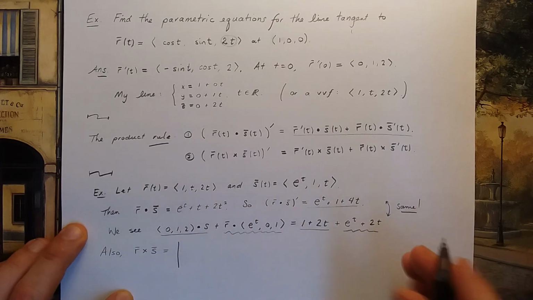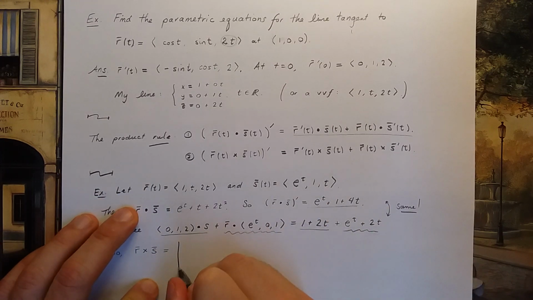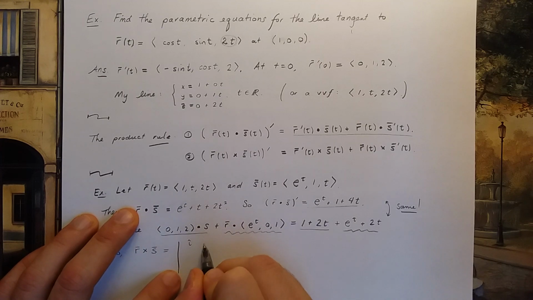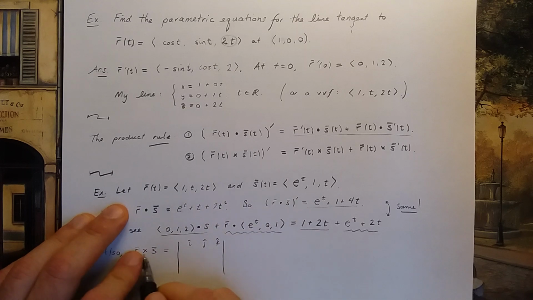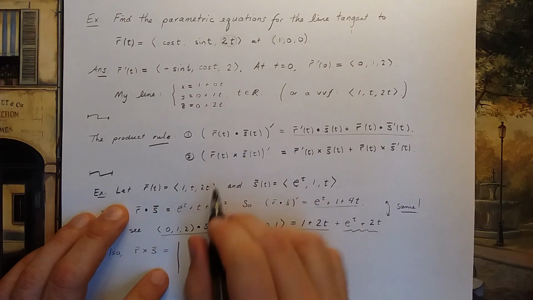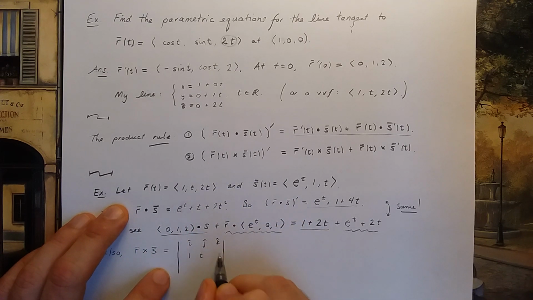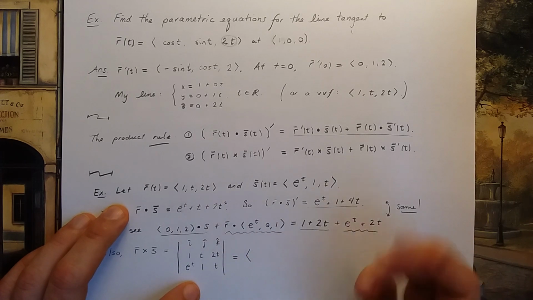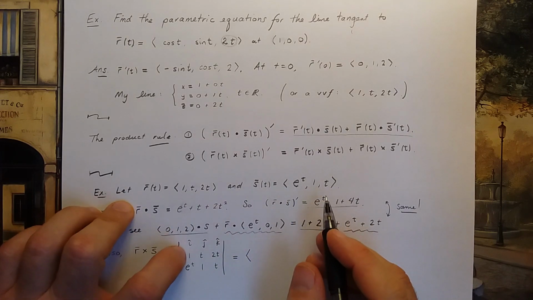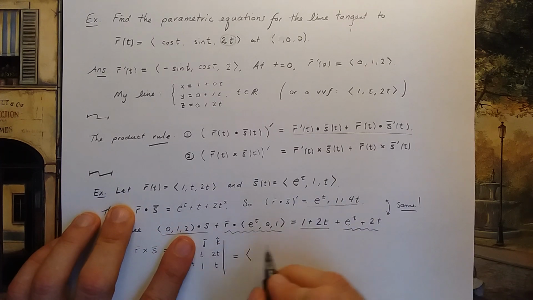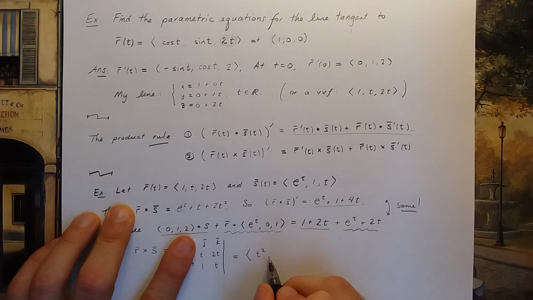Well, to do the cross product calculation, you form this 3 by 3 array. You put i, j, k up here. The vector r goes in the middle row, so in this case (1, t, 2t), and you put the vector s in the bottom row. Then I take the cross product. The first component of the cross product would be t squared minus 2t.